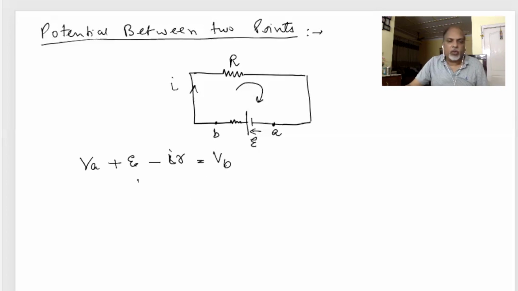Correct? So VB minus VA is equal to minus Ir.